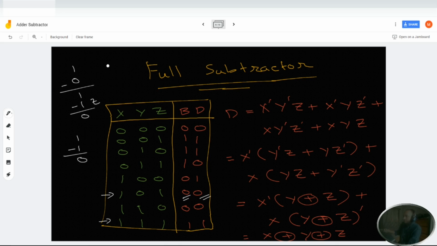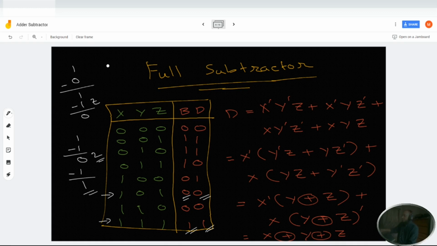For z we have 1, but we can't subtract 1 from 0, that's why we need to borrow. And when we borrow, we need to borrow 2. So after subtracting 1 from 2, we will get the difference as 1, and as we have borrowed, we will have the borrow as 1. Similarly we can check the outputs for other patterns.